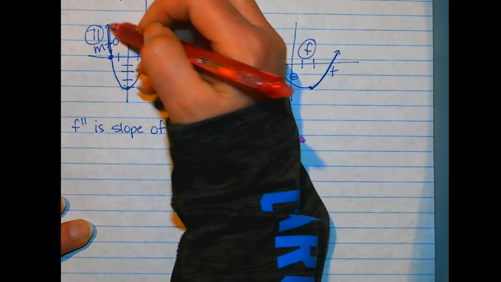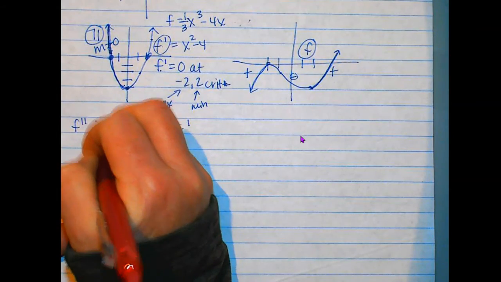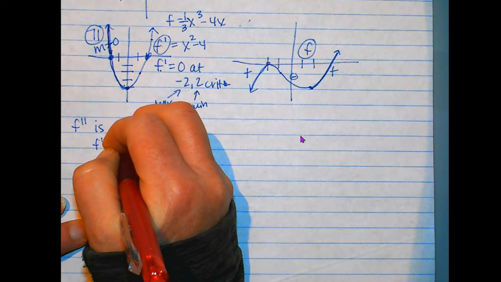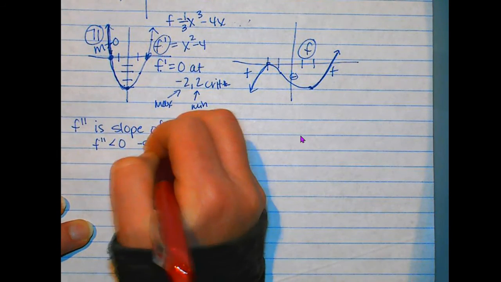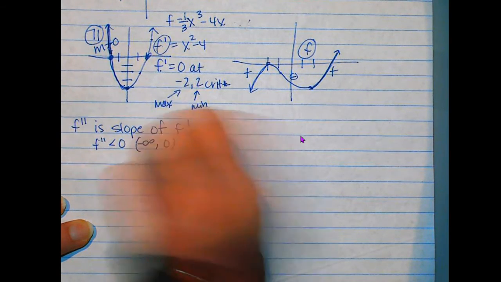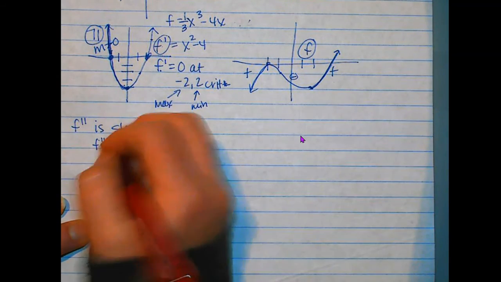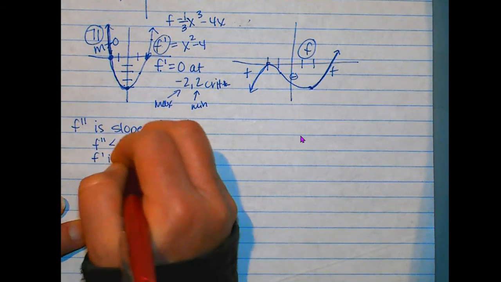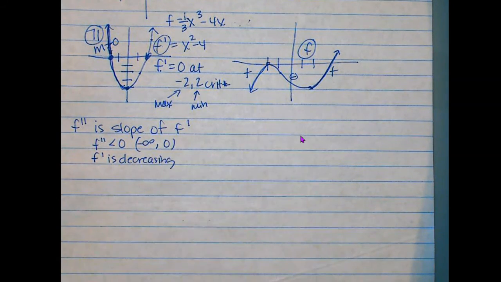The slope is decreasing until 0. F double prime is less than 0 from negative infinity to 0. Or you could say f prime is decreasing. Remember, decreasing describes, it takes it to the next level.